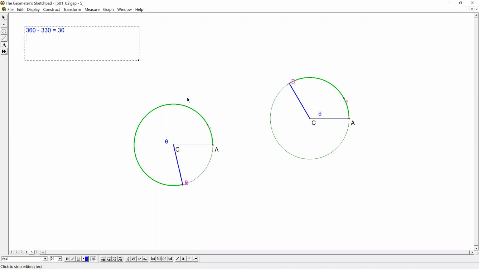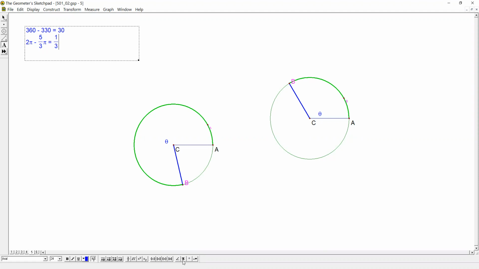So how to use radian? 2 pi minus 5 over 3 pi. Okay, enough? So actually you have to use 360 minus 330, the answer is 30 degrees. But I cannot use degree. Why?